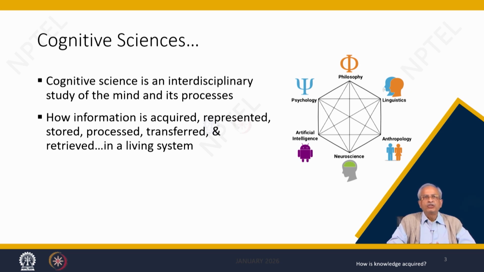So, through this science we will know how information is acquired, how information is represented, how it is stored, how it is processed, transferred, and retrieved in a living system. So, with this input, I will first tell you how knowledge is acquired.